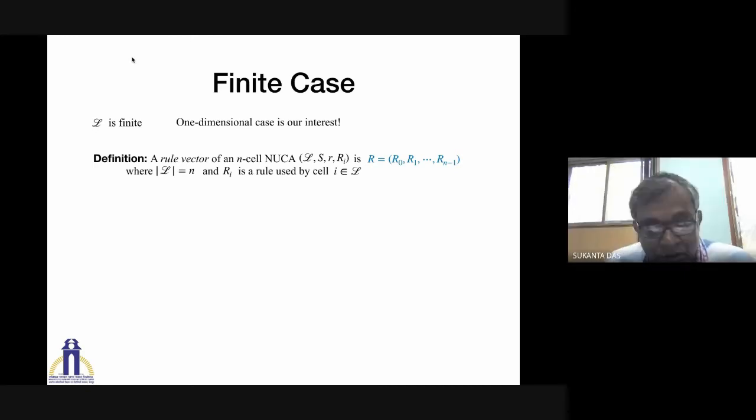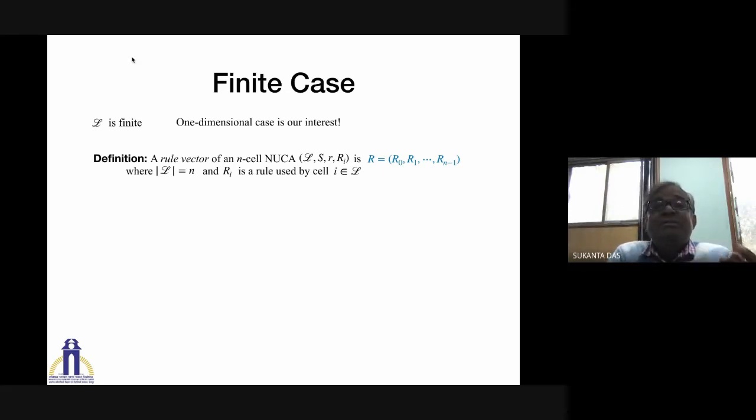So now we were talking about the arbitrary infinite case actually. C was defined over an infinite lattice. Now we come back to our finite case, right?